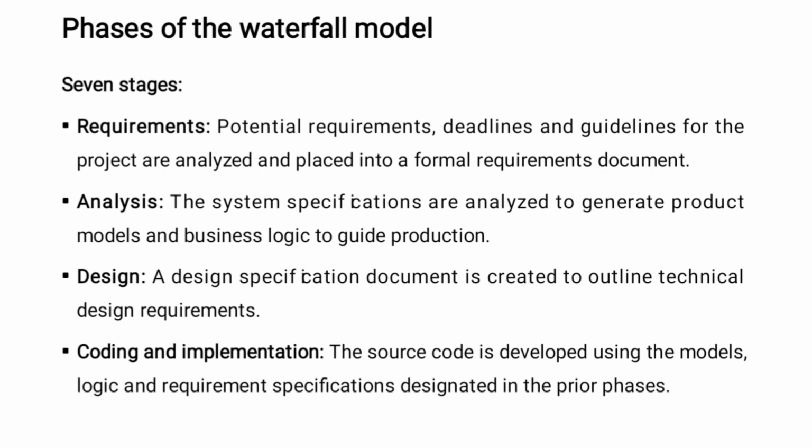Then design. A design specification document is created to outline technical design requirements. Next, coding and implementation. The source code is developed using the models, logic and requirement specification design in the previous phases.